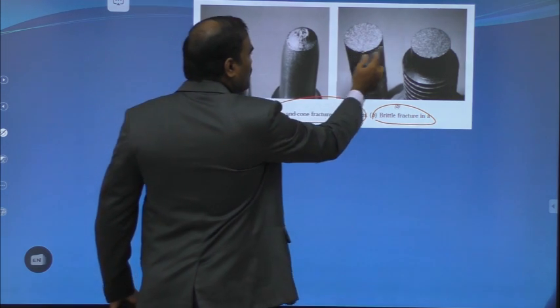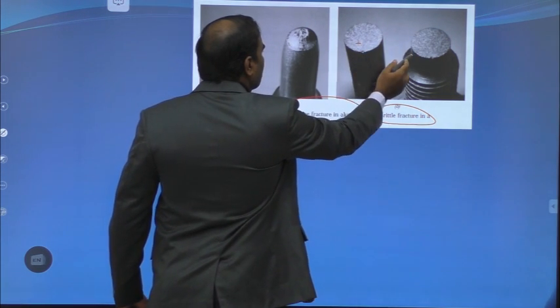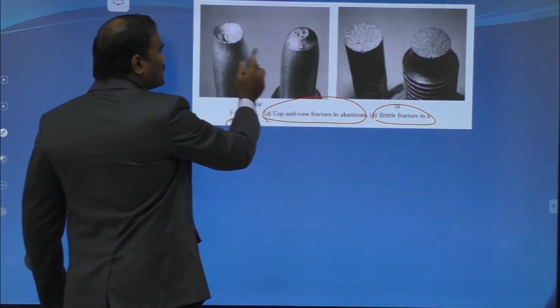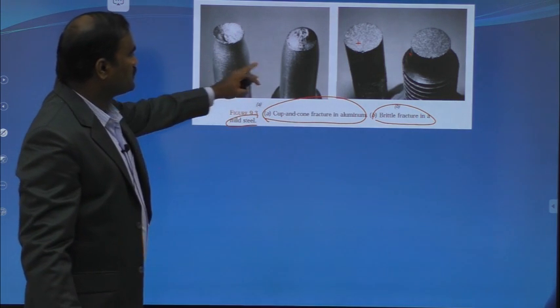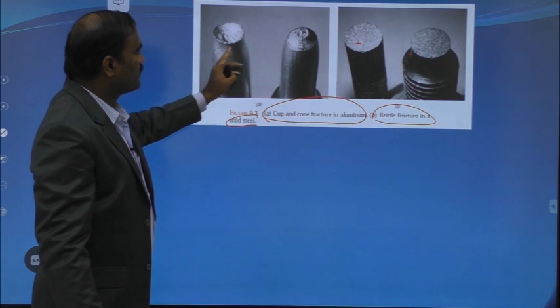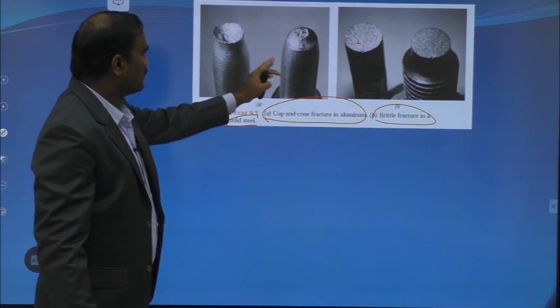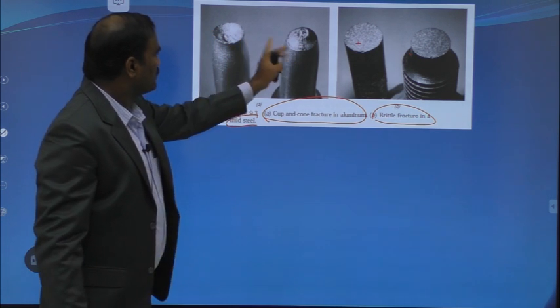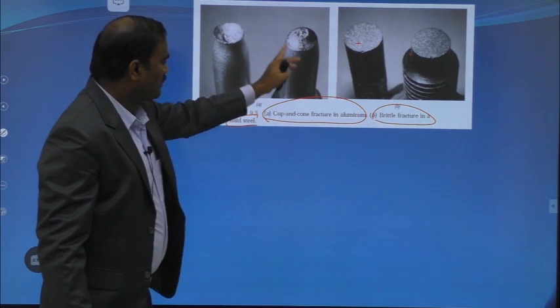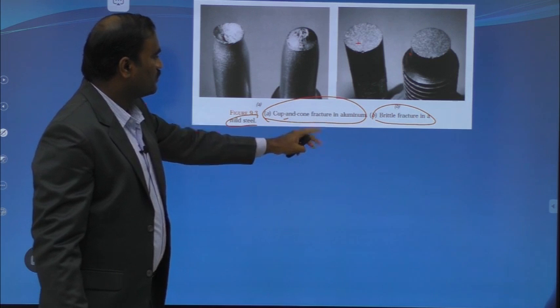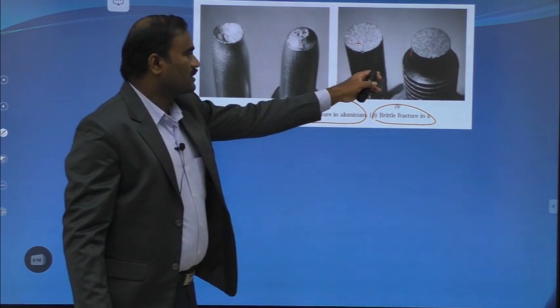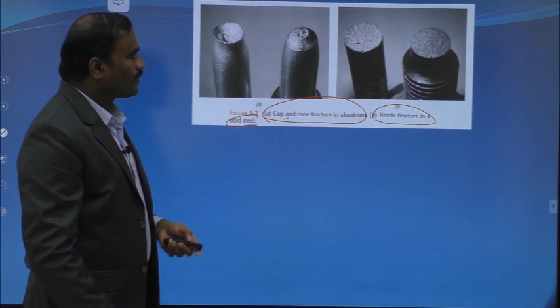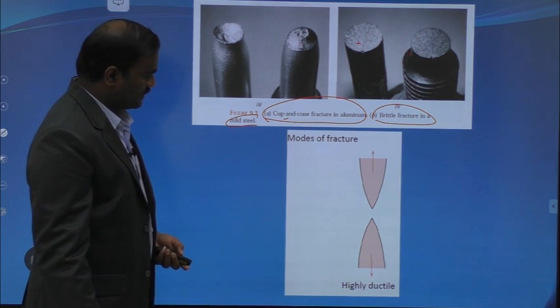You can see there is no plastic deformation in one, but here you can see the ends of these two pieces which have broken into two. One end is like a cone and the other is like a cup. That is called cup and cone fracture. Brittle fracture is like that, they will suddenly break into two pieces.